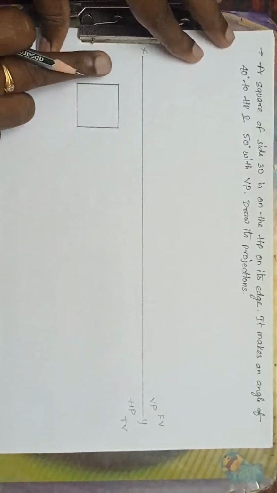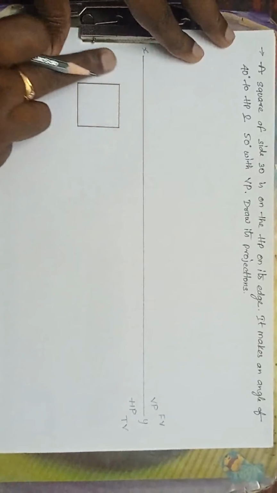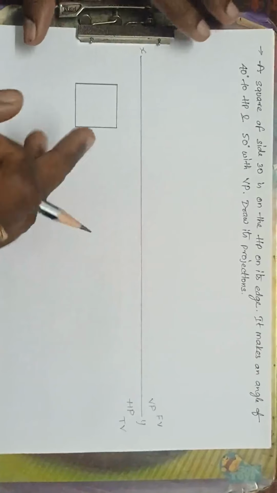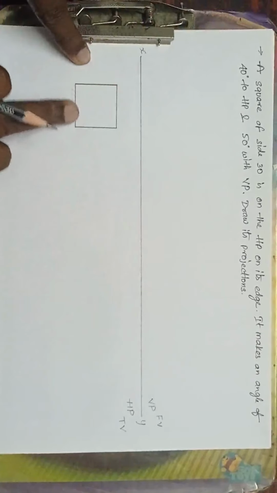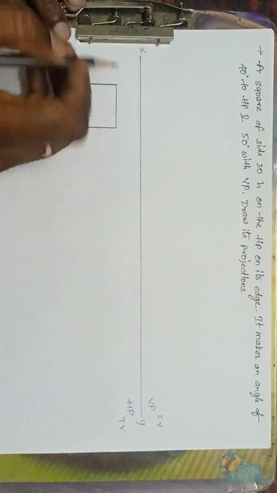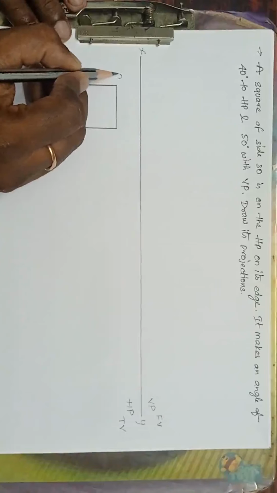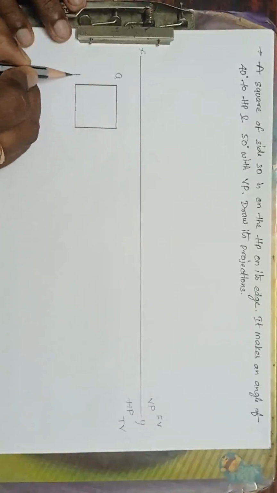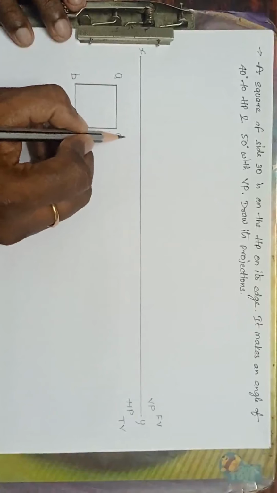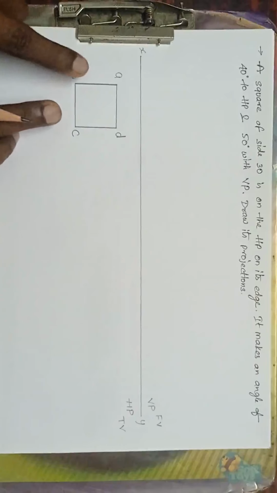Name this square in the anti-clockwise direction, that is your wish. The square should be dark at a certain gap. The gap is your wish because the gap is not given. Now this is A, B, C and D. Which view is it?